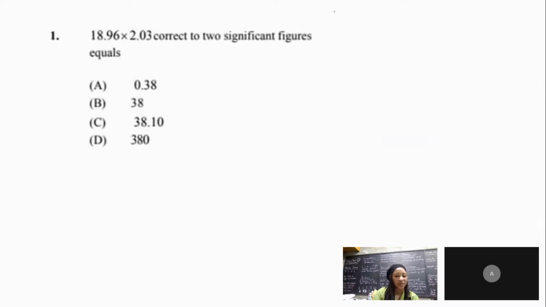18.96 times 2.03, correct to two significant figures.